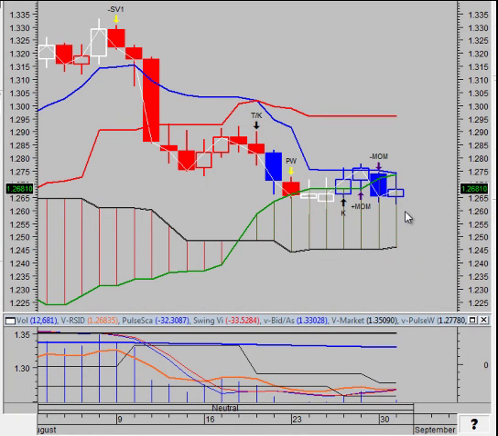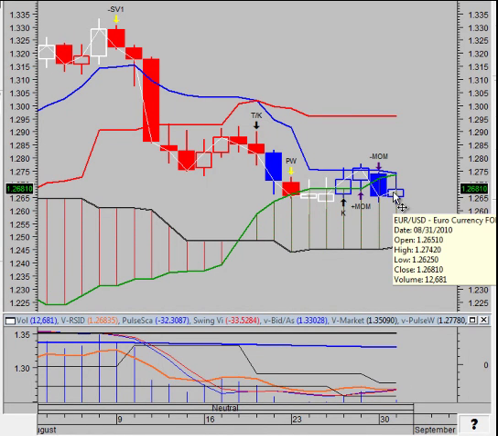But anyway, as you can see, the euro is consolidated right now. We're stuck in the cloud. So again, the way you play this based on today's trading activity is this. You place your buy order at 127.78, and you place your sell ticket at 125.86.